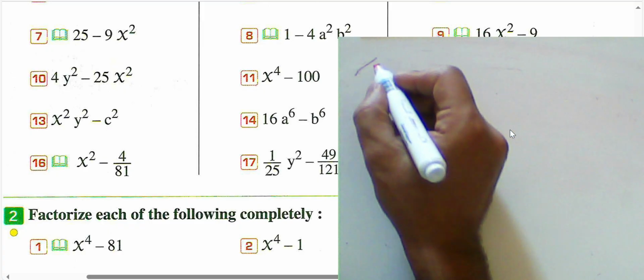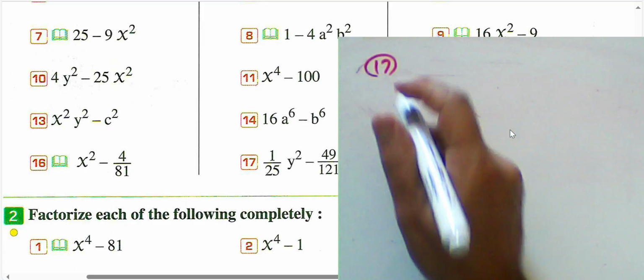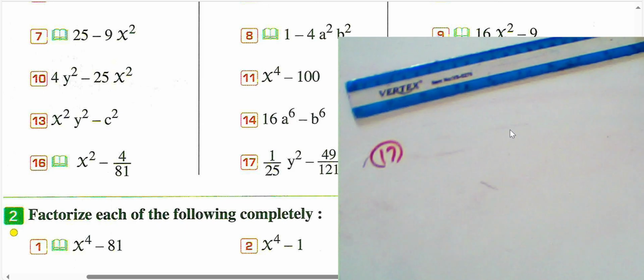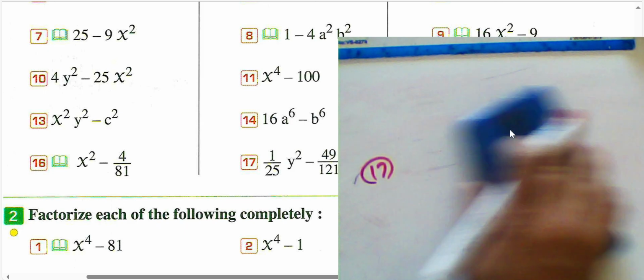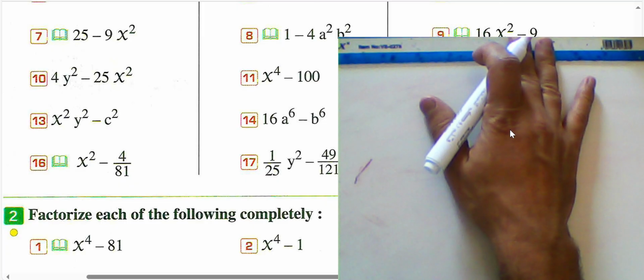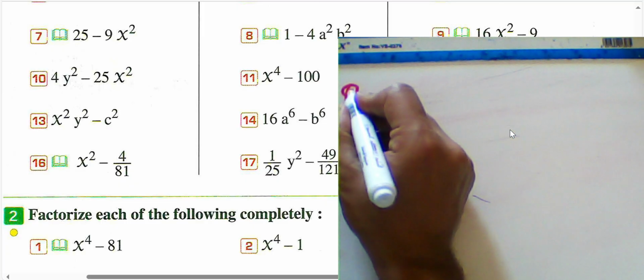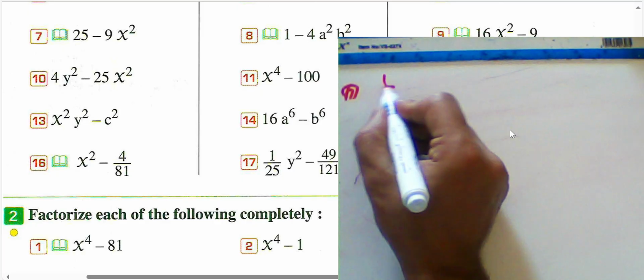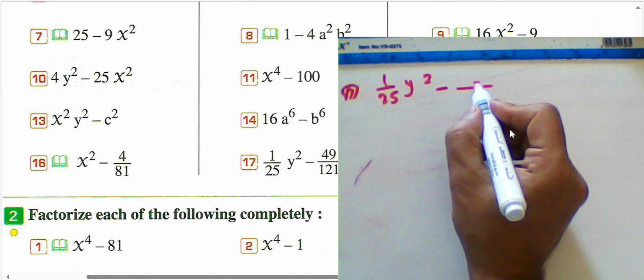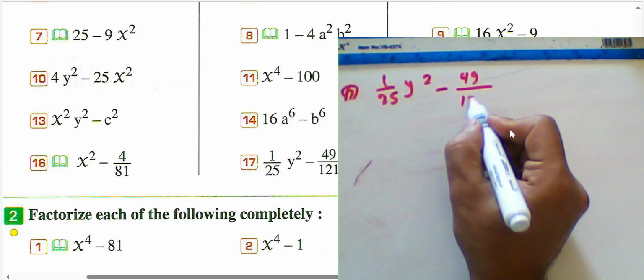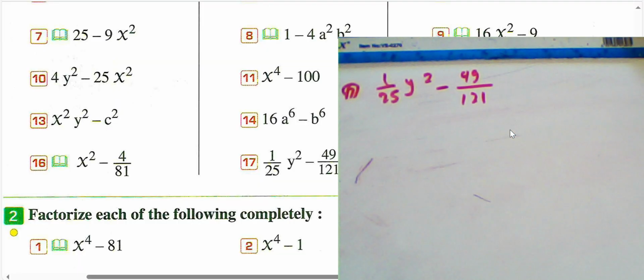Next question number 17. One over 25 y power 2 subtract by 49 over 121.